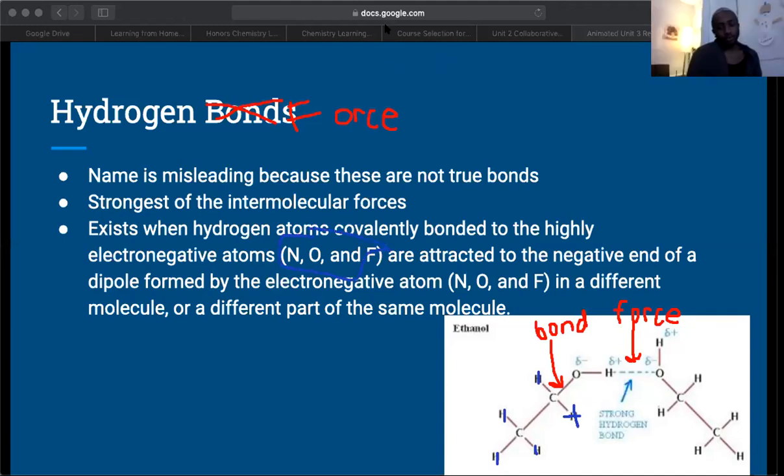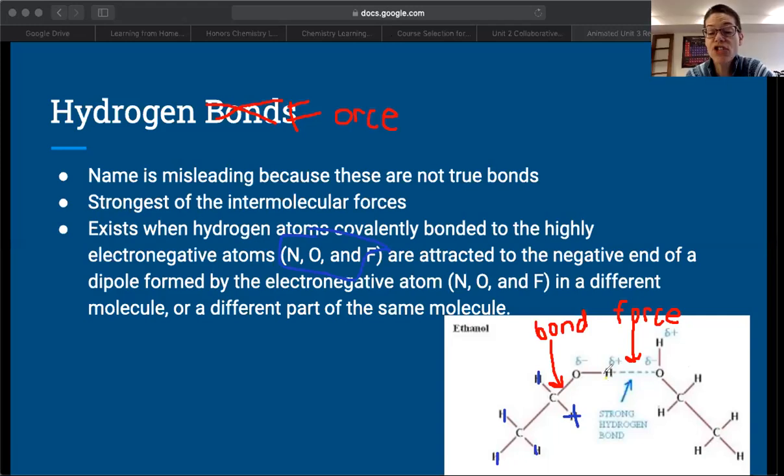Okay, I understand, so it's a force. So it's like interacting between where the blue line is, the dotted line. That's like the hydrogen bond. Yes. But I see in both these cases, the O on the right side is also connected to another hydrogen. So is it just the hydrogen and oxygen in question, or is it because they're both also connected to other oxygen and hydrogen that make it a hydrogen bond?